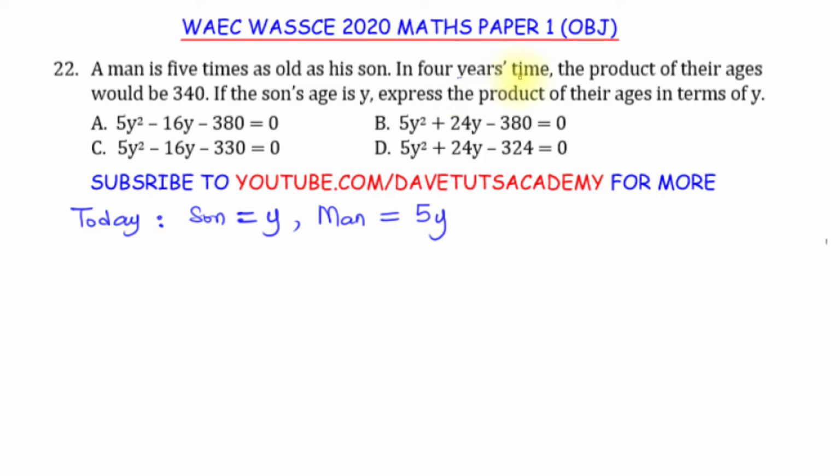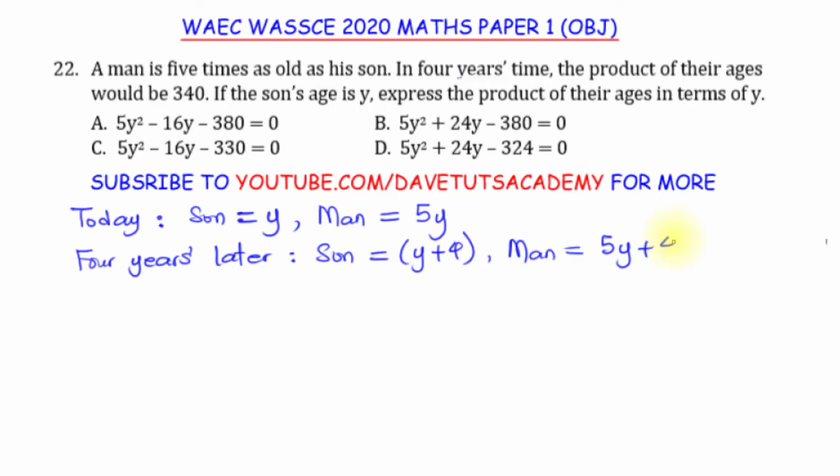But we're also told that in 4 years' time, so 4 years later, just like all those films that we used to watch, where they say 4 years later, 3 years later. Now, looking at 4 years later, the product of their ages would be 340. What's the product of their ages? It will be the multiplication of the two ages. In 4 years' time, the son will be y plus 4, because he would have added 4 years to his age, and then the man will also be 5y plus 4.